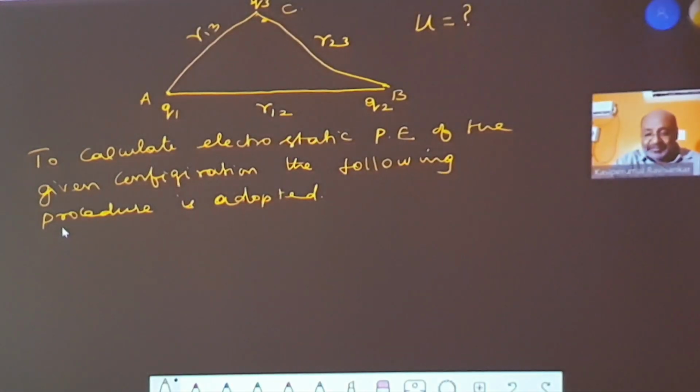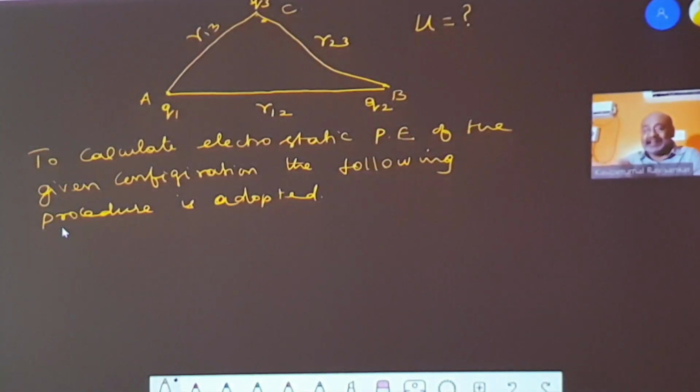So the first step that I have to consider is the charge Q1 being brought from infinity to the point A. For that, no work is said to be done.